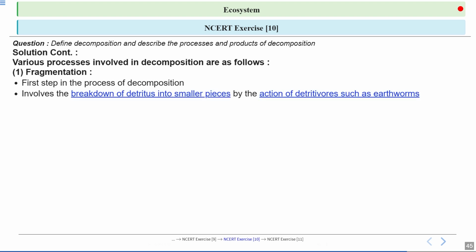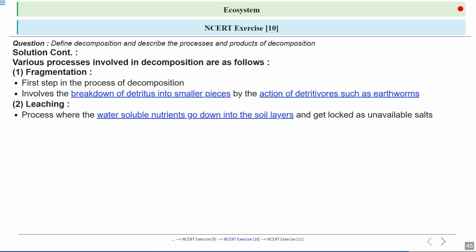These are known as detritus. Decomposition is done by the detritivores and the decomposers. Clear? Now during fragmentation, there is a breakdown of detritus into smaller pieces by the action of detritivores such as earthworms.